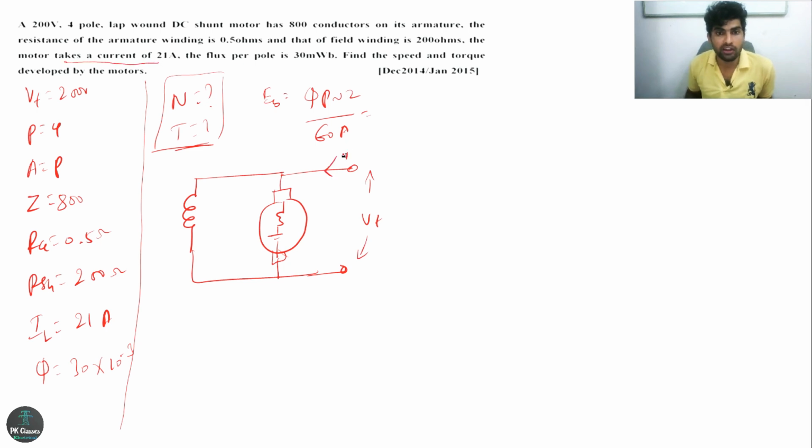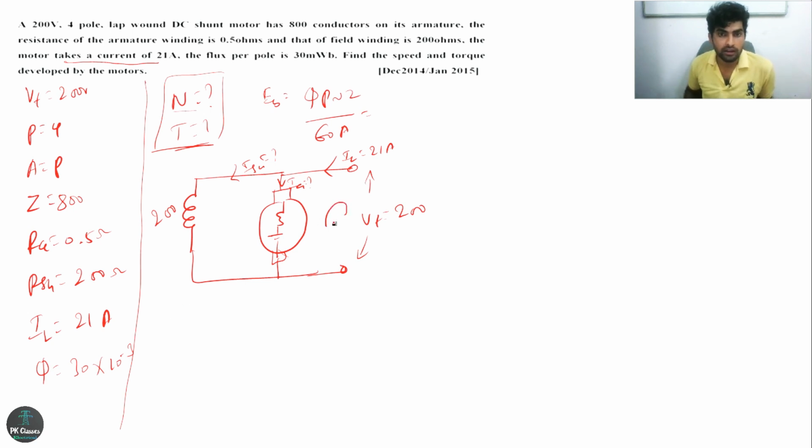So 21 amps IL is given, okay, VT is given 200, and IA we don't know, and ISH also we don't know. RSH is given 200, right? So first we need to calculate EB for calculation of speed, right? So what is the equation for EB?